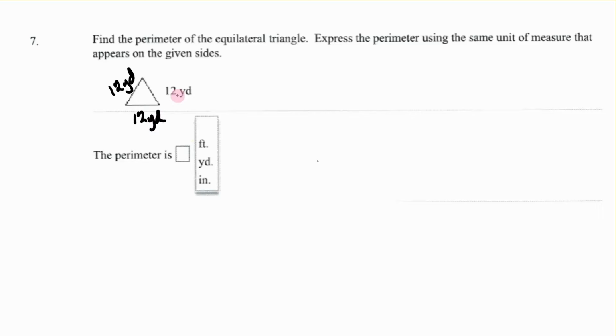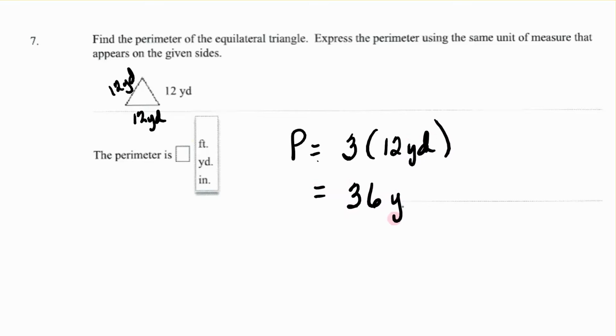So I think you can probably already think about what the shortcut would be. The perimeter of this equilateral triangle is 3 of those 12 yards. It is 36 yards. You can, of course, just add 12 plus 12 plus 12. You'll still get 36.